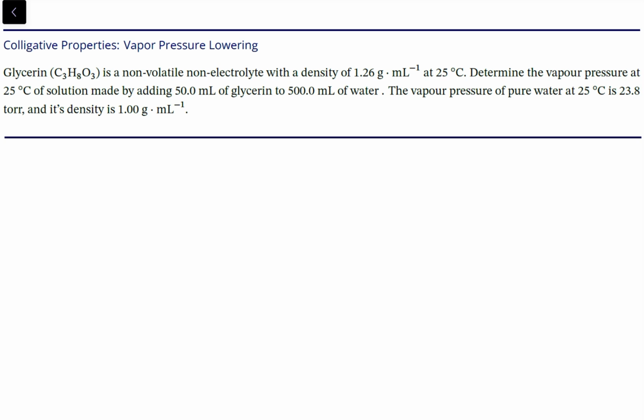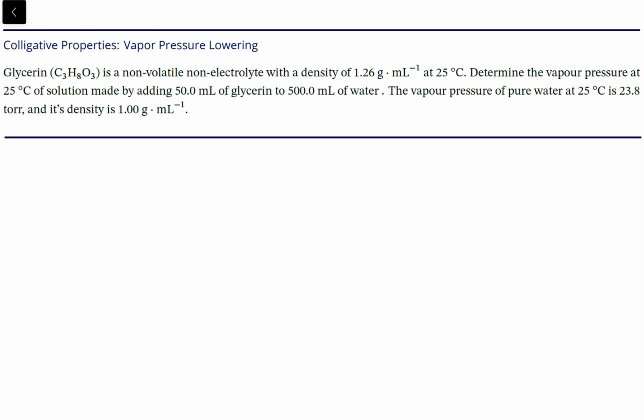And this one we're continuing on looking at the properties of solutions, and specifically looking here at what happens to the vapor pressure of a solvent when we add a non-volatile, non-electrolyte compound to a solution. Those two words are very important: non-volatile, non-electrolyte.